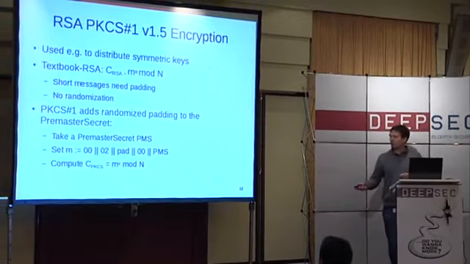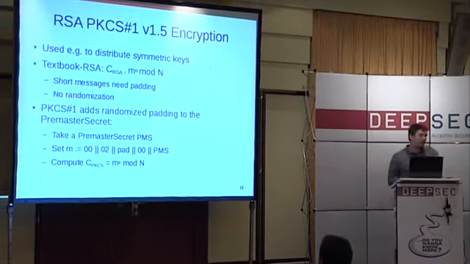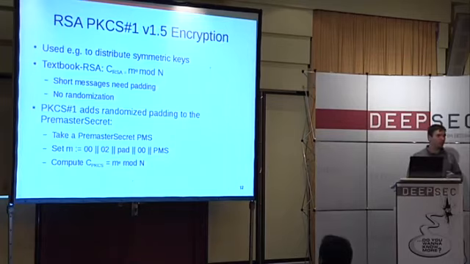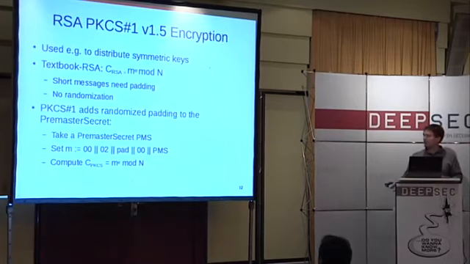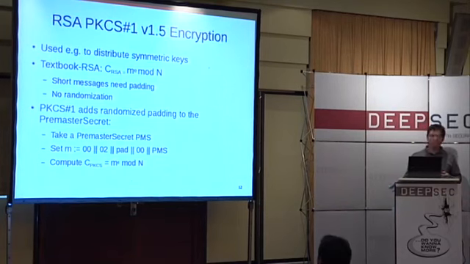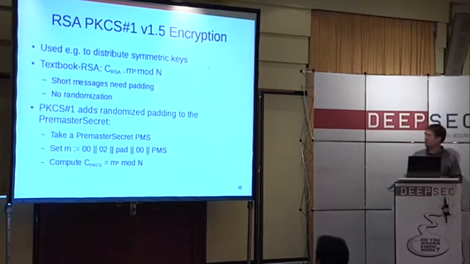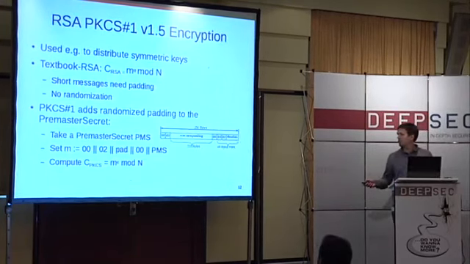Afterwards, a ciphertext of this padded message can be computed. This message has some randomization, so it is not possible to guess this message, and so we can use it.